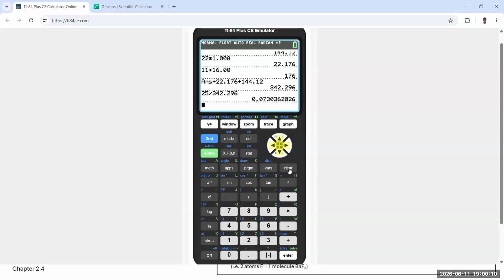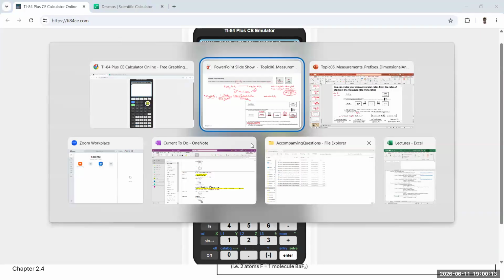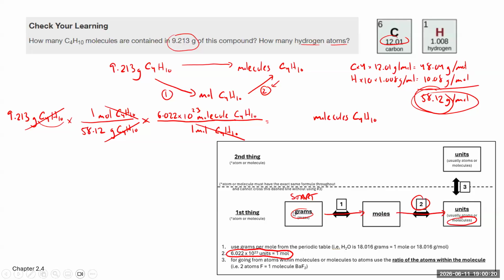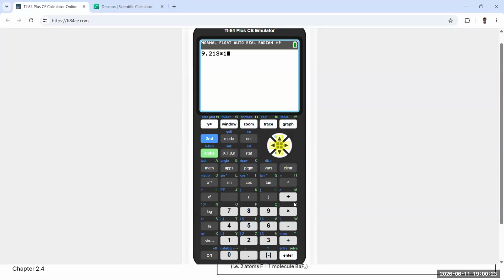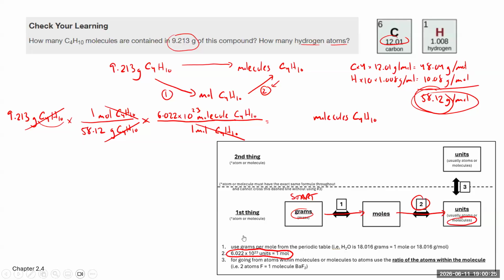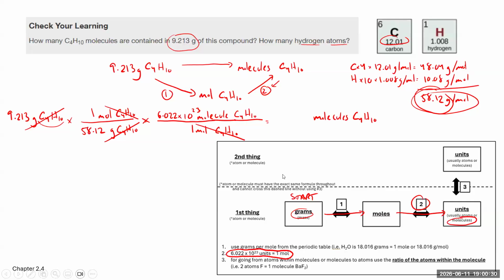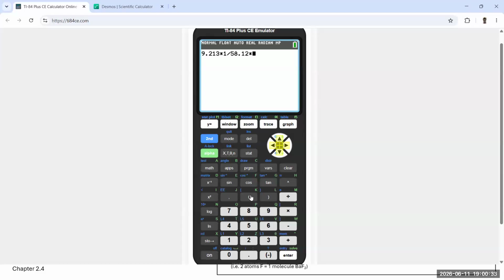All right, let's do the math here. We'll get this going. Let's clear this out. Let's do the math. 9.213 times 1 divided by 58.12 times, and then brackets, 6.022 times 10 to the 23rd, other brackets, right?